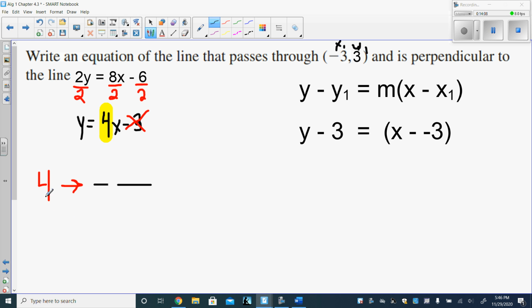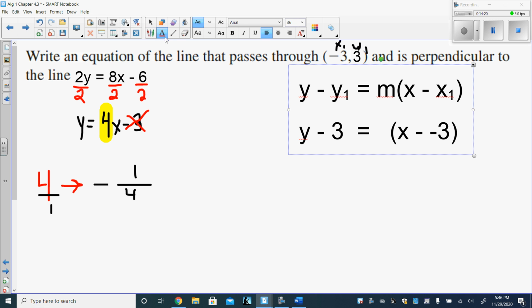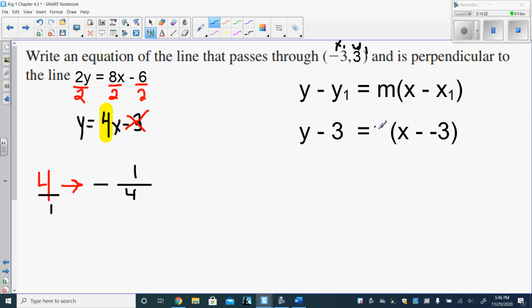And when we flip it, well, really this is 4 over 1. The 4 would go to the bottom of the fraction, and the 1 would go on top. So our new slope, the slope that we're going to use for this line, is going to be negative 1/4. And we have this here.